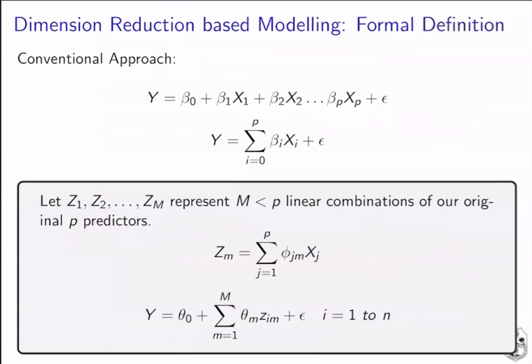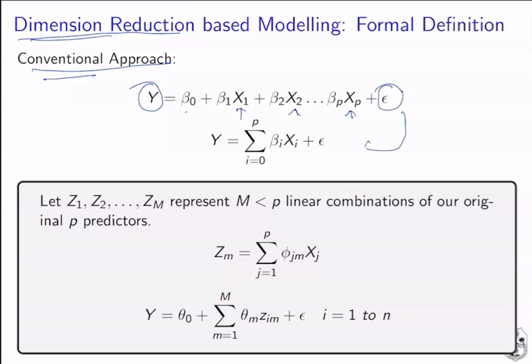Now in this slide I am developing a more formal way of defining the dimension reduction problem. In the conventional approach, we predict the value of y in terms of the input variables, or independent variables, or input features. There are p features, and beta 0, beta 1, beta 2 up to beta p are the linear coefficients, plus this is the irreducible error.